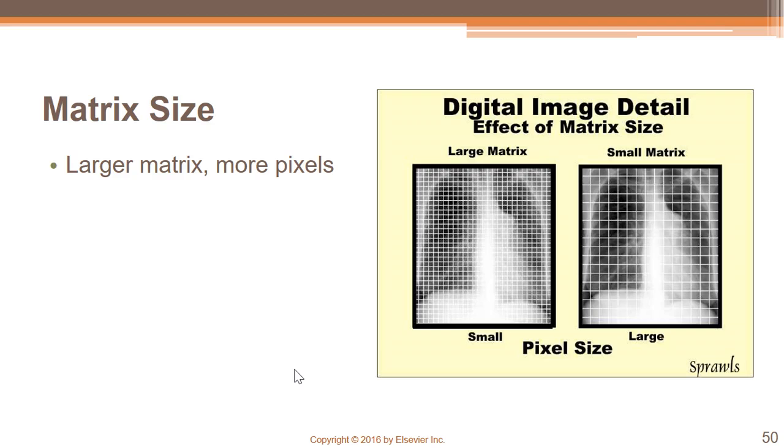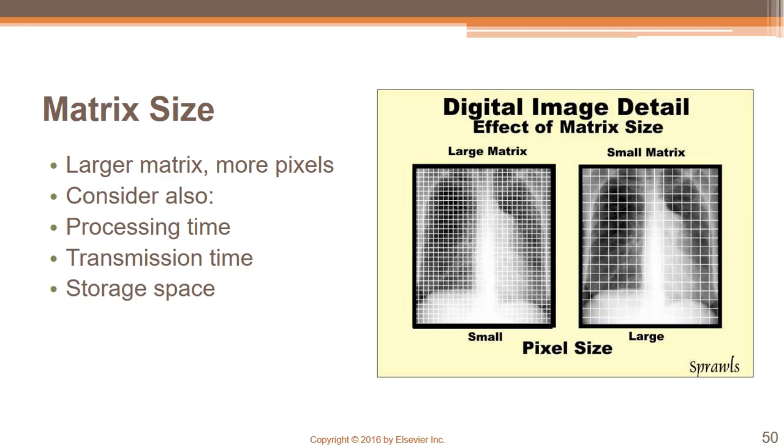So it's more of them, but they're smaller. Although quality is improved with a larger matrix size and smaller pixels, it's also important to understand that processing time, transmission time, and storage space will also increase as the matrix size increases. If you increase the matrix size from 1024 to 2048 without changing the image field, it will produce smaller pixels.